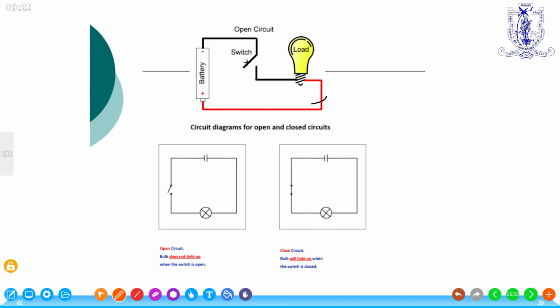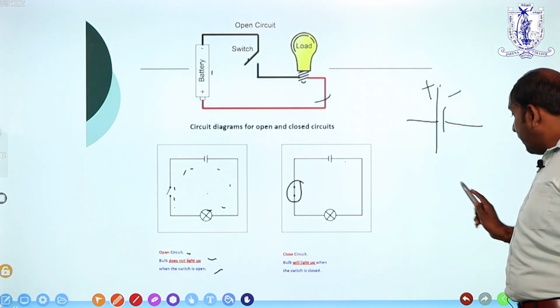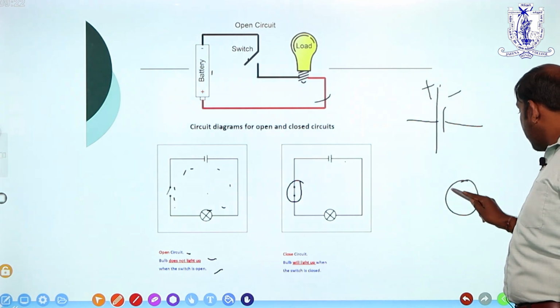This is the open circuit. The symbols for batteries and switches are also there. These are batteries. In the open circuit the bulb does not light up, because no electrons are passing through. And here is the closed circuit. The circuit shows the bulb and the battery, with the higher line positive and the other line negative. The bulb symbol, a cross mark, is also there, as in the grade 8 syllabus.